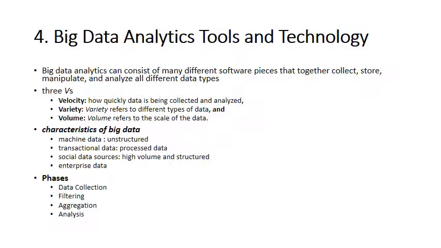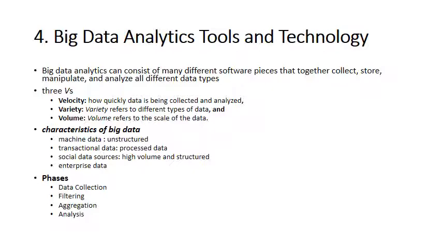Velocity means the data is volatile, it changes all the time. Variety means we can have different types of data like text, image, audio, video. Volume means the scale of the data is very huge, in terms of TB, so we need to analyze this data together with the three V's.